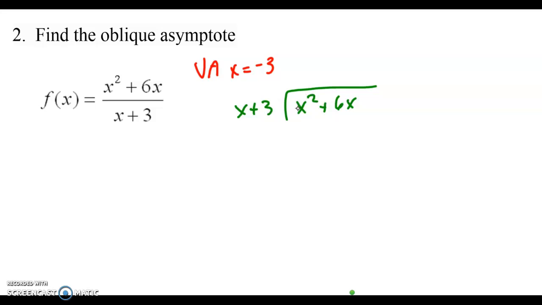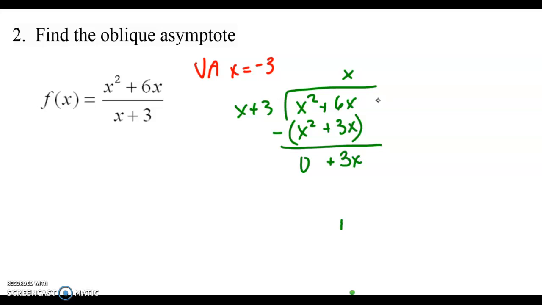We ask ourselves, what do we multiply x plus 3 by in order to get x squared? Well, we multiply by x, and we keep the degrees of the x's in this line here. So x times x is x squared, x times 3 is positive 3x. We subtract that, and we'll get 0, and 6x minus 3x is positive 3x.